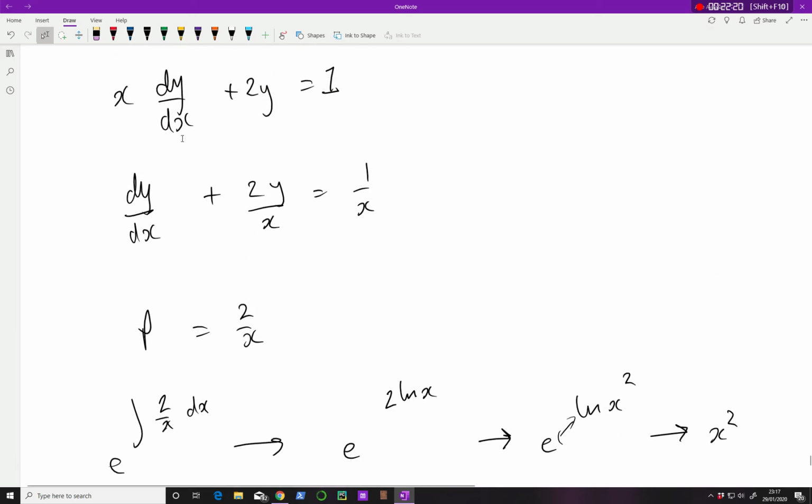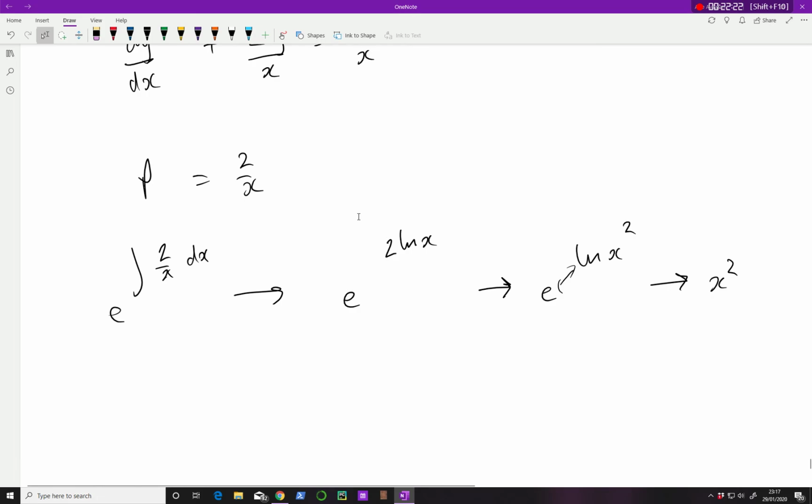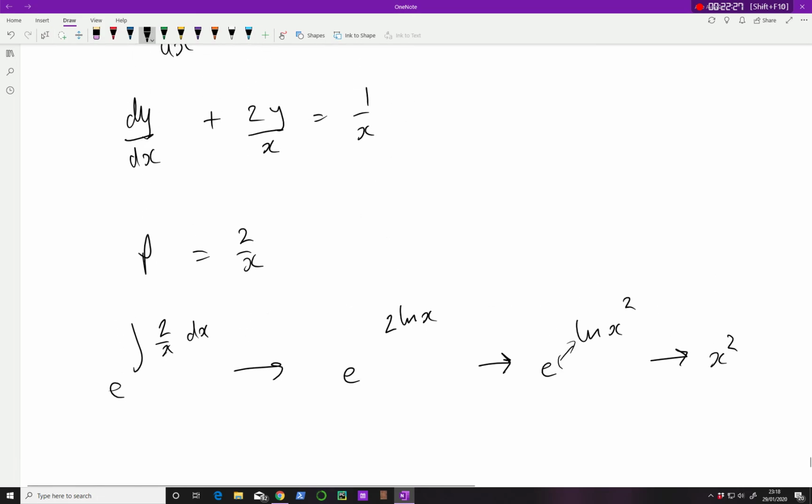I'm going to take this and multiply everything by x squared now. So I'm going to get left with x squared dy by dx. I don't know why I keep putting an equals there. I'm just too used to dy by dx equaling something. Plus 2xy equals x.